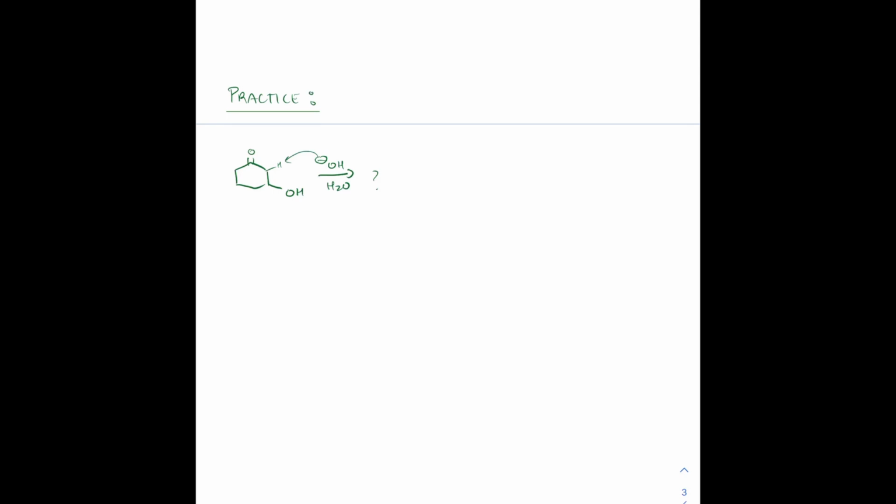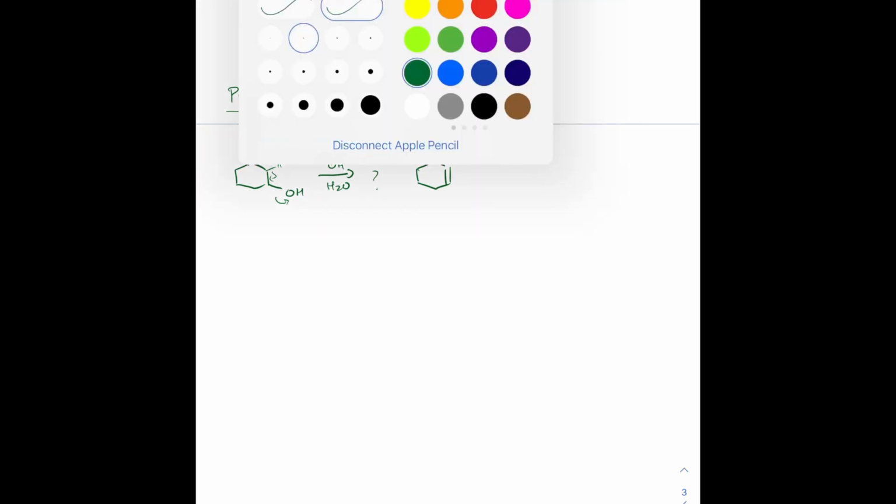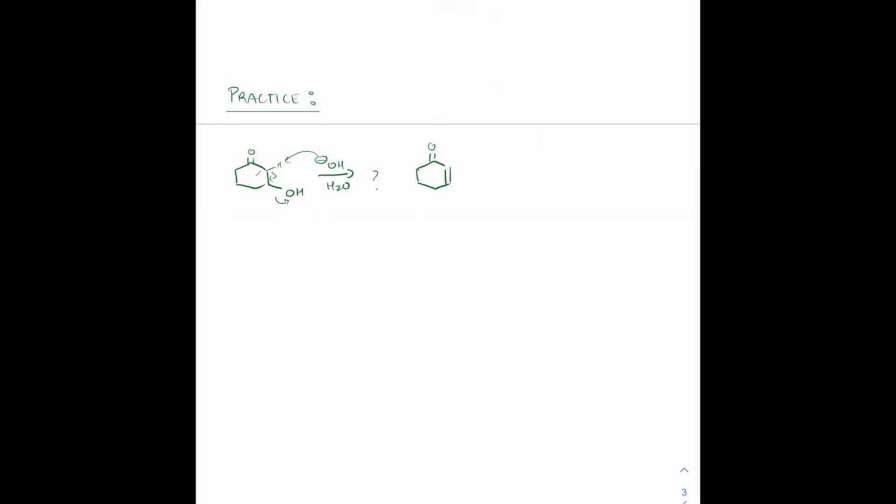So what we want to do first is note that this is a beta hydroxycarbonyl, and so we have that alpha hydrogen that can be removed, and technically the best mechanism to draw for this would be the enolate forming, and then it comes down to kick off that hydroxide. But short form, I can just draw the removal of that alpha hydrogen to form a carbon-carbon bond, and then the loss of that hydroxide to form the alpha beta unsaturated carbonyl product.